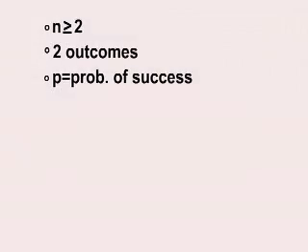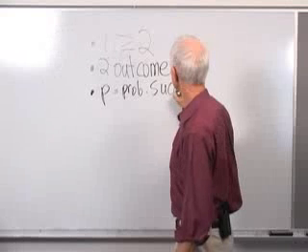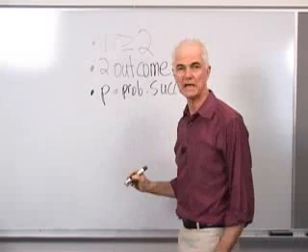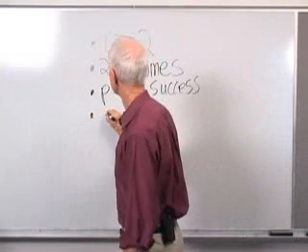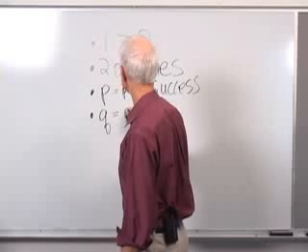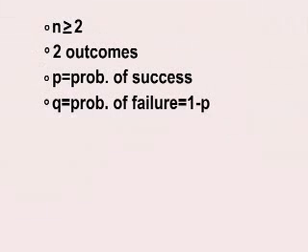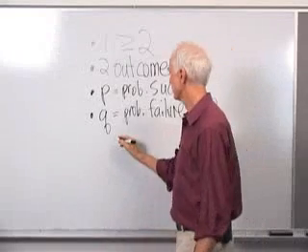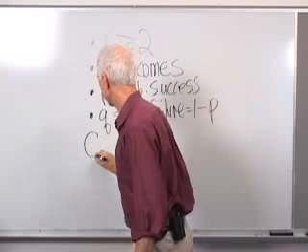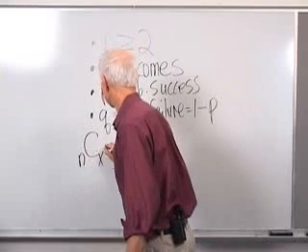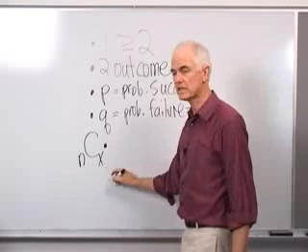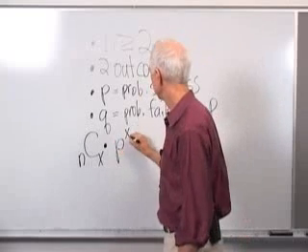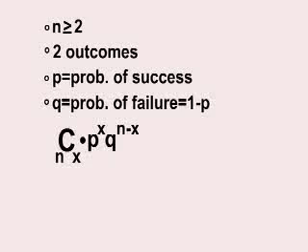And we denote that by p, which is the probability of success. And because there are only 2 possible outcomes in any one instance, then we have q, which is the probability of a failure. And that particular probability equals 1 minus p. We also learned that the binomial probability formula consists of the combination of n things taken x at a time, p to the x, and q to the n minus x.